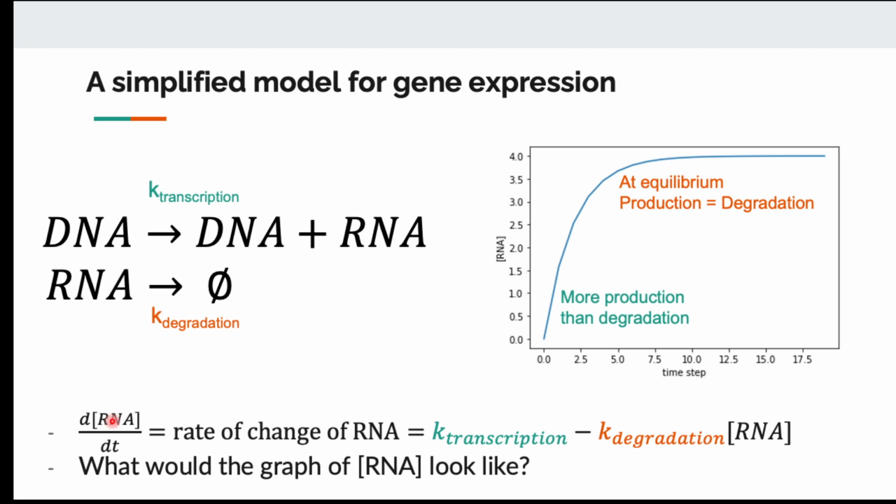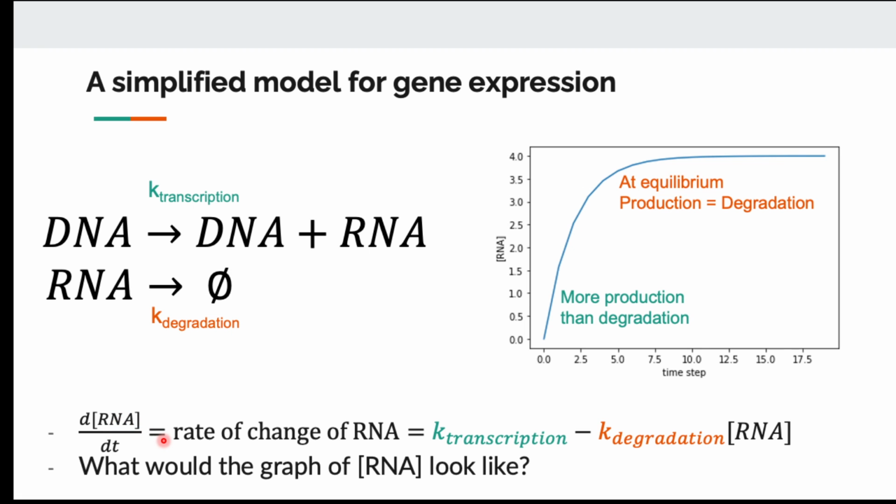So basically, it's the situation where this formula is equal to 0. You have production in green, k transcription, equal to the degradation times the current concentration. These two cancel out, and you get the equilibrium. So it's similar to when we want to find where the slope of the graph is 0, we take the derivative and set it to 0.